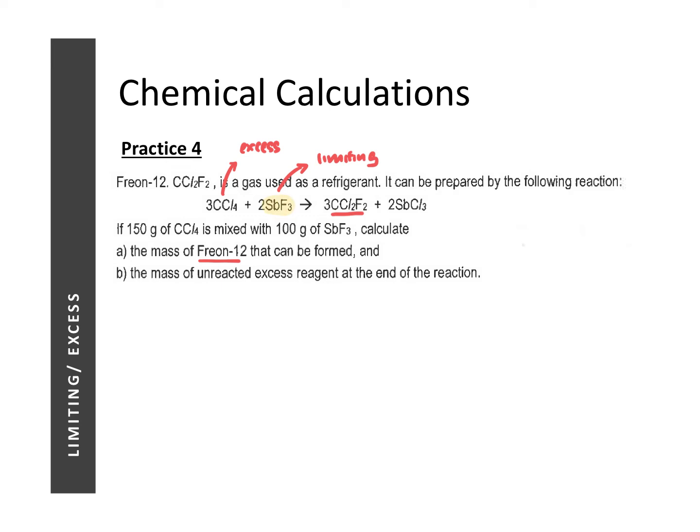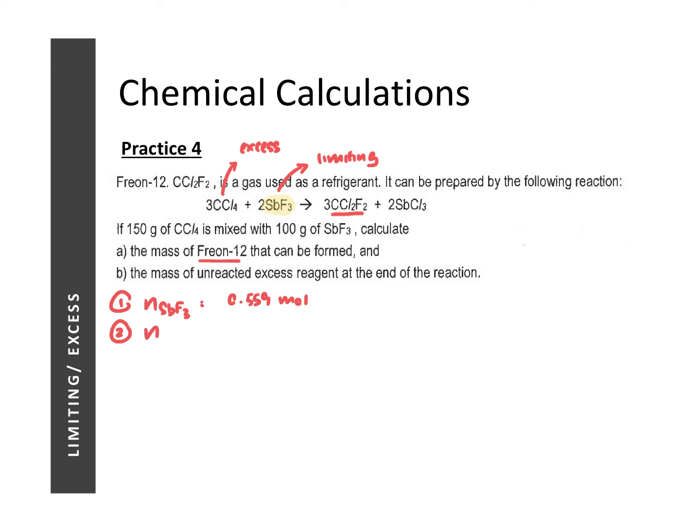Now earlier, we have already found that the number of moles of antimony trifluoride present is 0.559 moles. So step number 1 of the 3C is to convert to moles. Step number 2 is to compare mole ratio to find number of moles of your product.